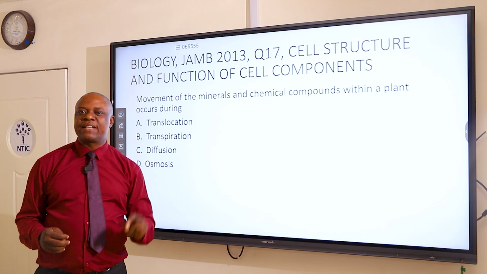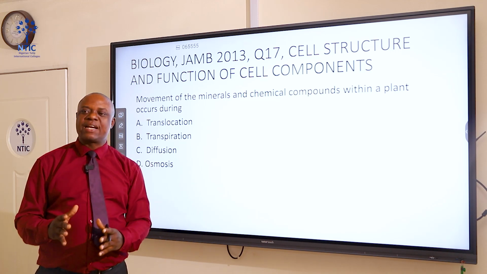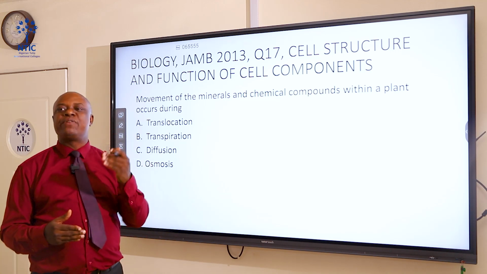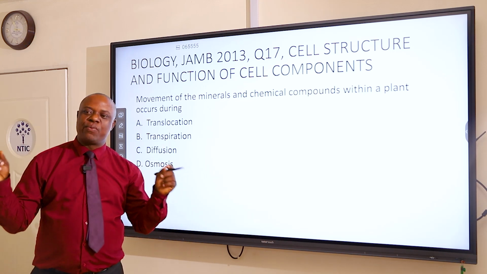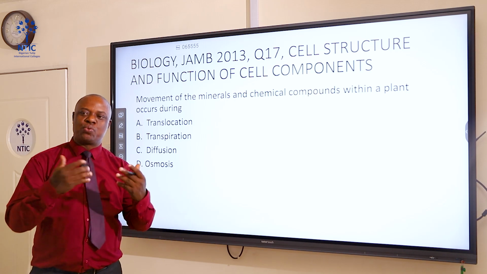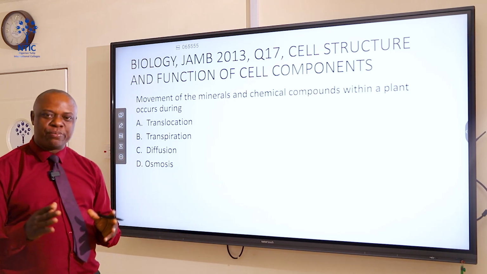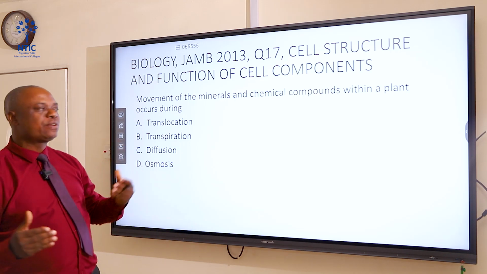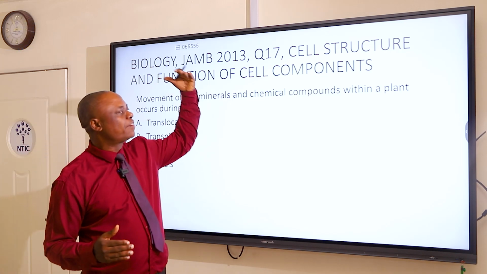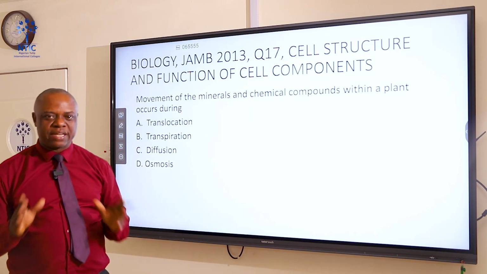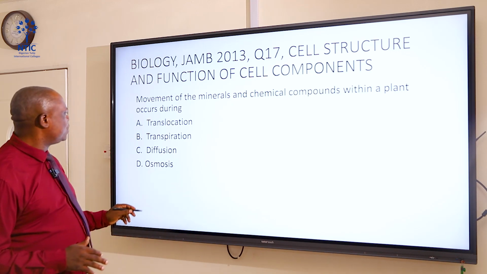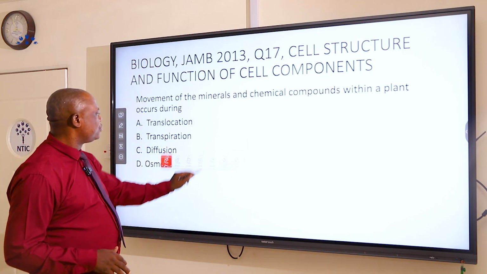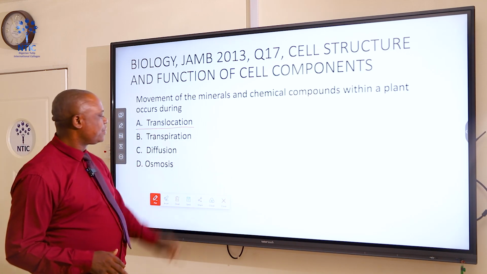Translocation is a term that is used to describe the movement of manufactured food in plant from the point where they are being manufactured to where they will be stored or where they will be used up. Now, these manufactured foods are in form of chemical compounds in plant. Therefore, the correct answer to this question is translocation.